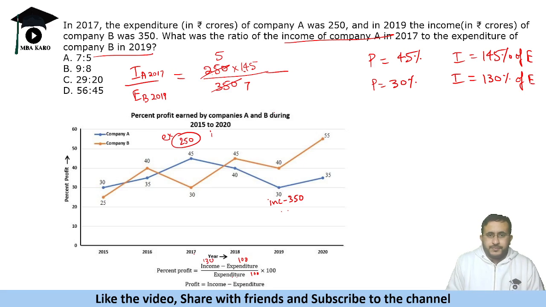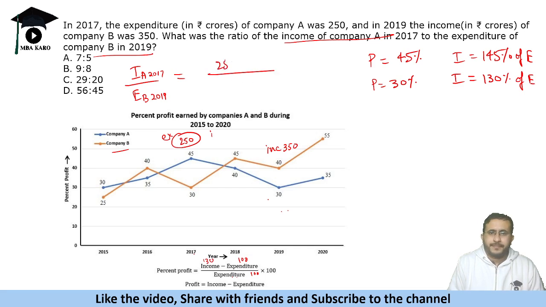So let's just check the graph again. Income of A, sorry, this is B. B is this one, so I made the mistake. So this income is 350, and expenditure will be upon 1.4. So let's just do it again. 250 is the expenditure, so income is going to be 1.45 times.